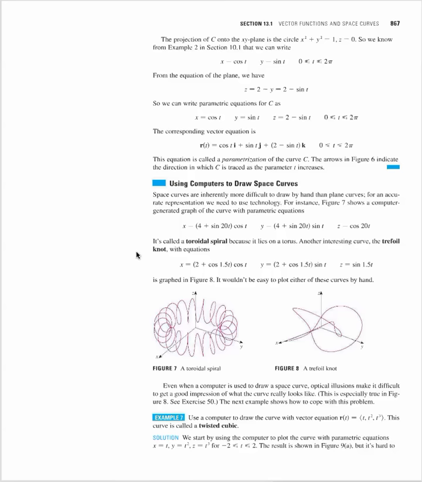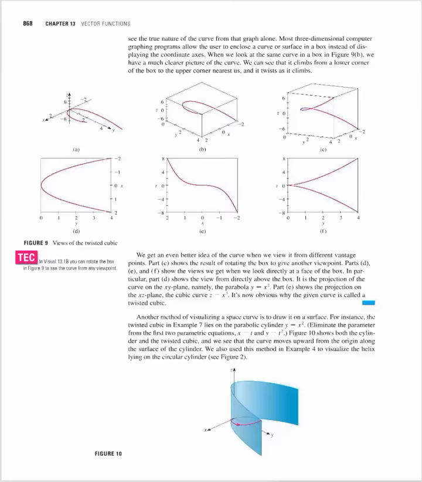I'm going to say we don't need to spend a lot of time or energy using computers to draw space curves, so you can really just glance at it. If you want to play with a computer here, it's a great idea. Wolfram Alpha is probably a decent tool you could use. But you don't need to spend a heck of a lot of time and energy stressing about the stuff at the bottom of 867 or the stuff going on to 868.